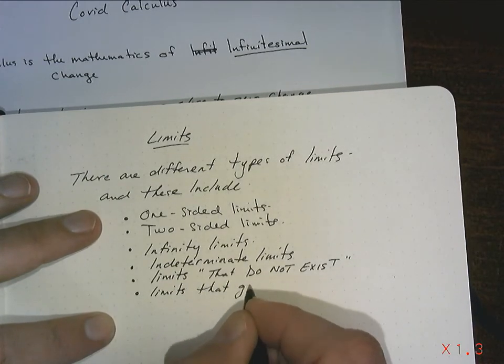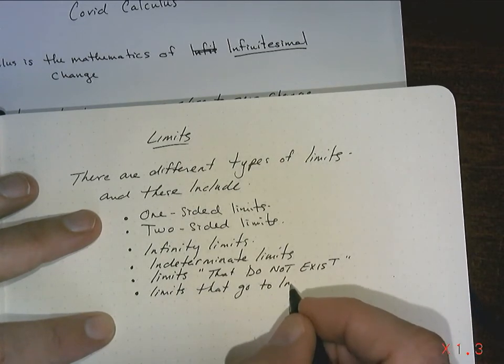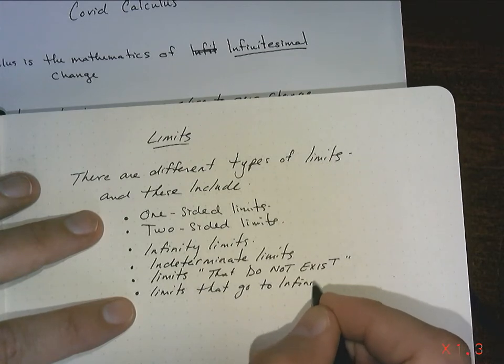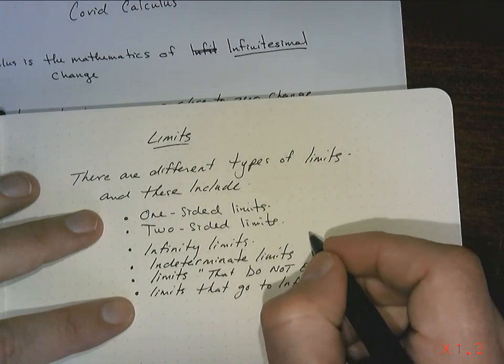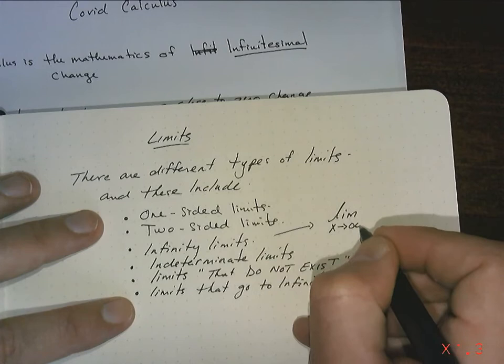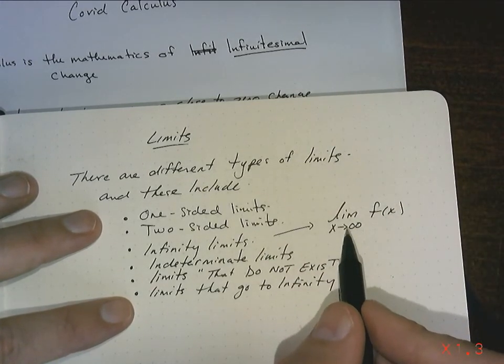So isn't the third one infinity? No, that's nice. Yeah, hold on, I'll be right there. Limits that go to infinity. So there's a difference between infinity limits, which you brought up, so I'll show it to you now. There will be limits where the variable goes to infinity. Those are talked about as infinity limits.